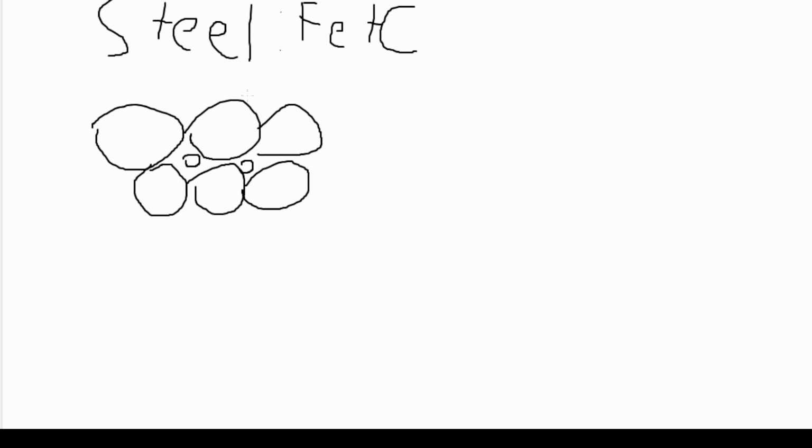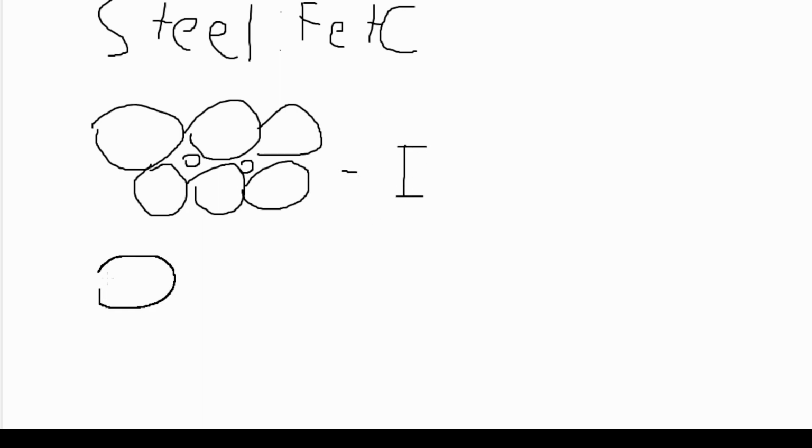Interstitial is the Latin word for between. Sometimes they'll give you a diagram of an alloy and ask if it is interstitial or substitutional. The way you tell is if you see a bunch of big atoms and then just some smaller atoms in between, you have an interstitial alloy.